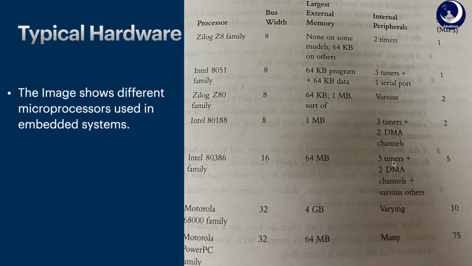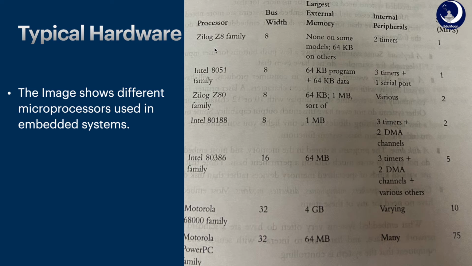Yes, this is the typical hardware, a very important topic. The image which I've attached here shows the different microprocessors used in embedded systems: Zilog Z8 family, 8051 family, Zilog Z80. So in case they ask you what the different microprocessors used are, you can write all these: Zilog Z8, Intel 80386, Motorola 6800 family, etc.